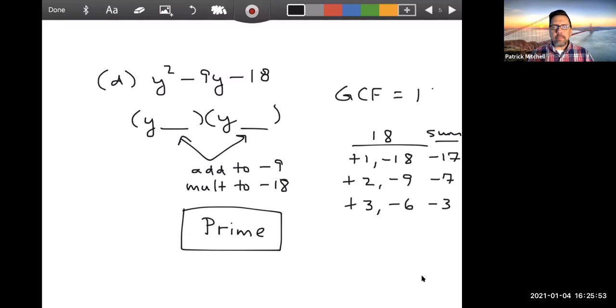The online homework program is not good at finding partial credit. It just looks at your answer and it's either right or wrong. All right, but when I look at your written work, I'm looking for places to find you partial credit. So if you tell me that a polynomial is prime and it turns out it wasn't prime, I'm going to look at how many different things did you try. And if there were 6 things that were worth trying and you tried 5 of them, right?